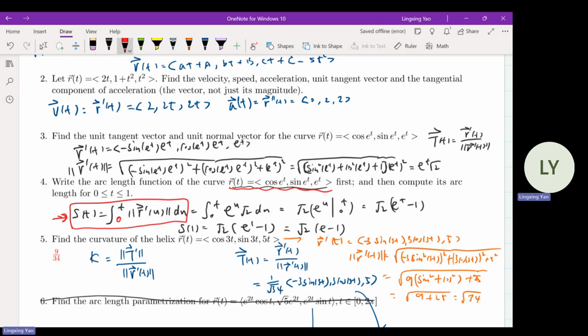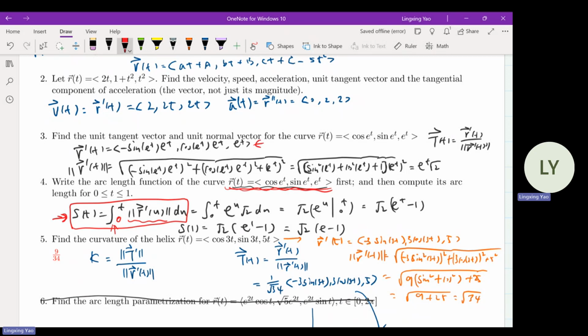The most important thing is that we need to set up this integral about a parameter t, and the integrand has to be the length of the velocity vector or the length of the tangent vector along the path. So we need to first get r prime t or r prime u, and luckily I think I computed it somewhere.